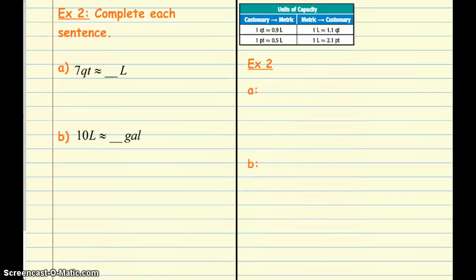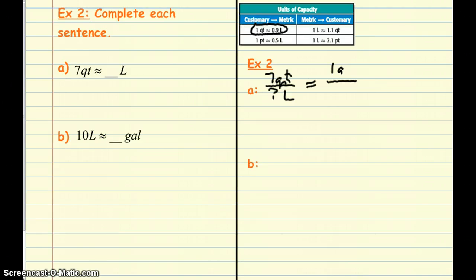Let's take a look at our next example. In this case, we want to change units of capacity. We're taking a look at example 2 here. The first one is 7 quarts is approximately how many liters. Just like example 1, I'm going to set up our ratio, 7 quarts over question mark liters, and set this equal to 1 quart over 0.9 liters, since the table says 1 quart equals 0.9 liters.